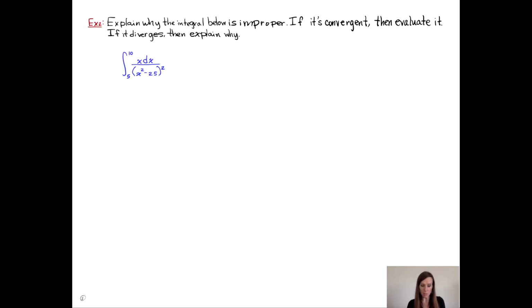So in this example, our bounds are from 5 to 10, and we see that at our lower bound, when we sub in 5, that would give us a 0 in the denominator.